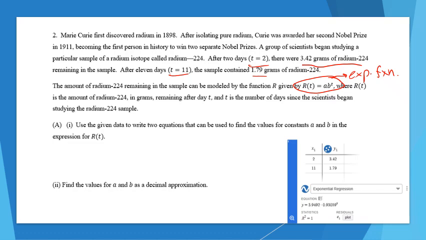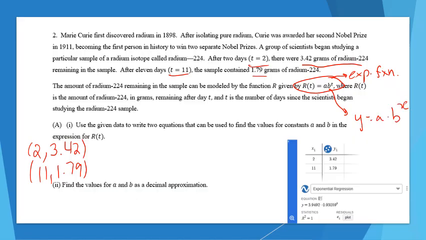Use the given data to write two equations that can be used to find a and b. In part A1, we are not solving for a and b just yet. Taking our 2 points that we are given, (2, 3.42) and (11, 1.79). This is very similar to y equals a times b to the power of x.